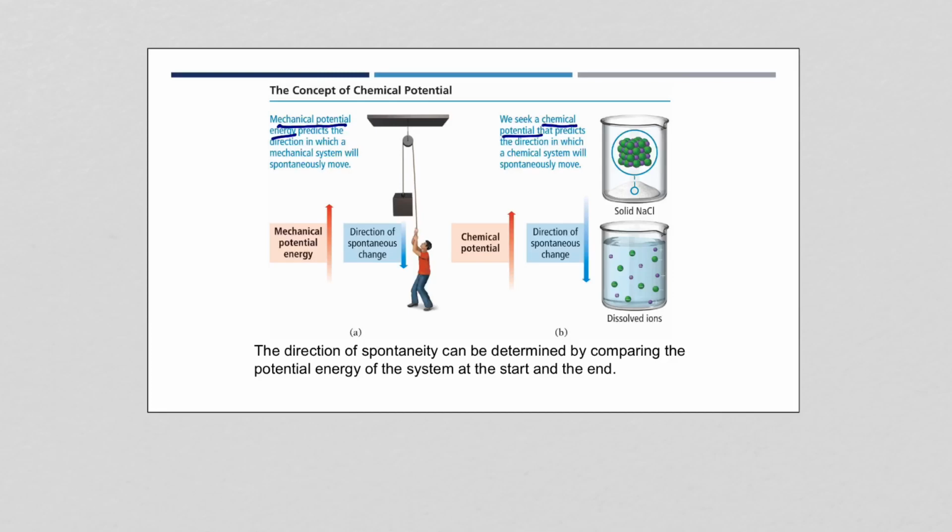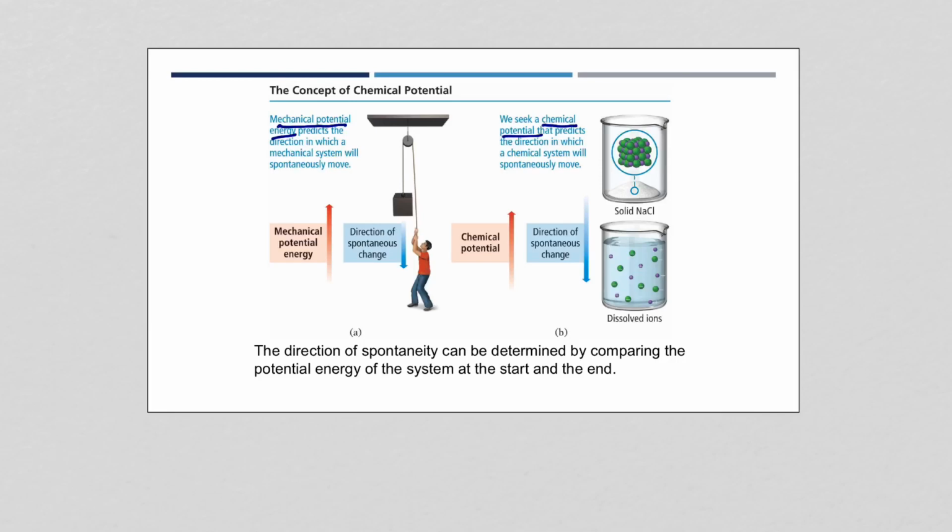It will fall. What we see there is the potential energy of that system decreases as it moves from higher position to lower position, from higher elevation to lower elevation. And that is the direction of spontaneous change. So it will spontaneously fall.